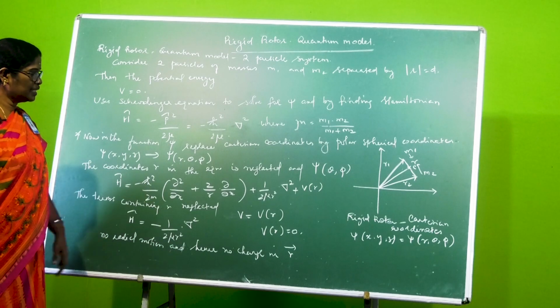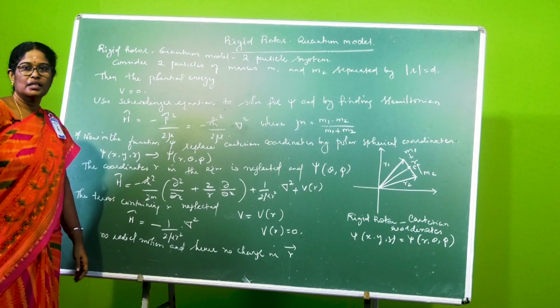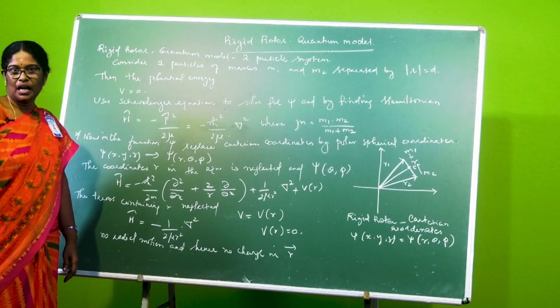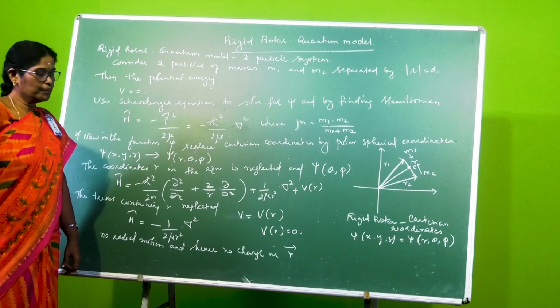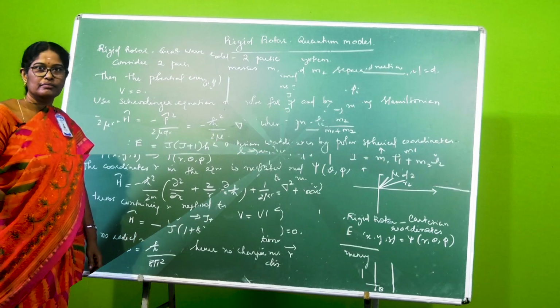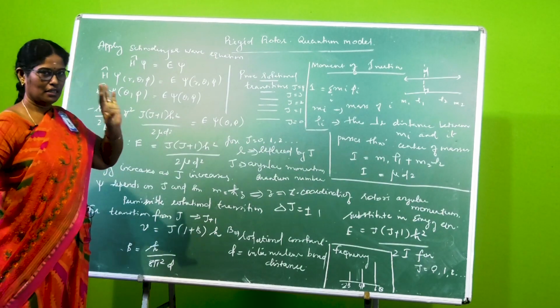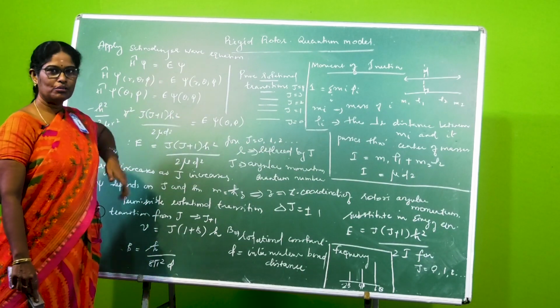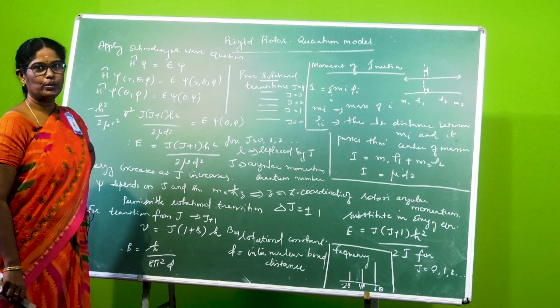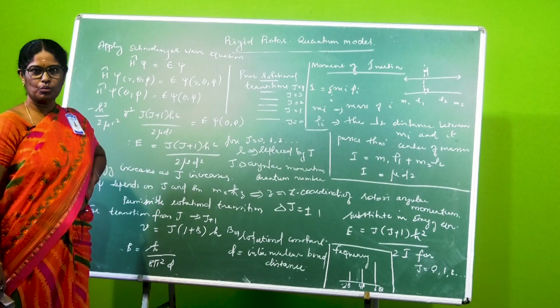Now we consider that the potential energy V of r will be equal to 0, which is a special case of V of r equal to 0. We then take the energy expression and reduce the Hamiltonian so that it does not contain the r coordinates.